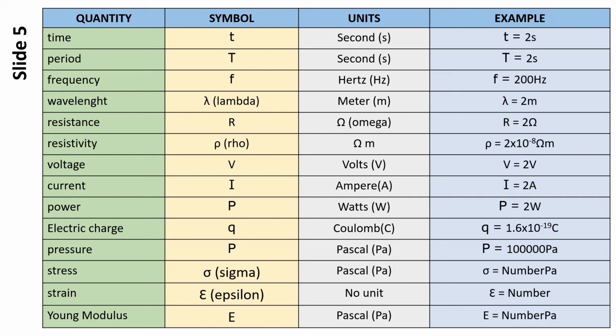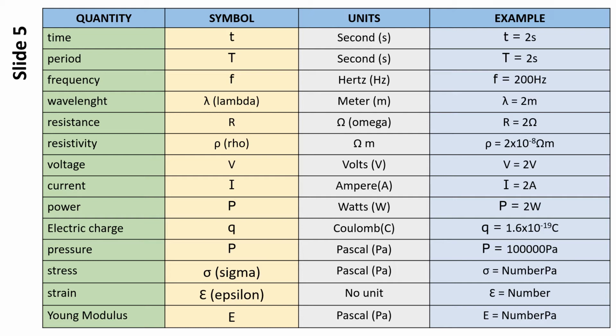Voltage, V again. So you saw previously the letter V also being used for speed. This V, and also the unit for voltage, which is volts, is also V. Current, uppercase I, the unit is ampere or uppercase A, amps. Power P, watts. Electric charge, lowercase q, coulomb.